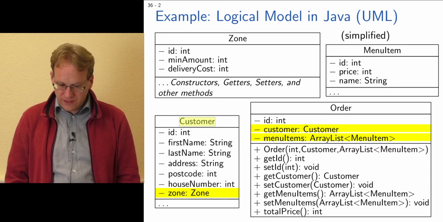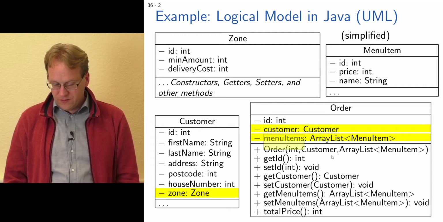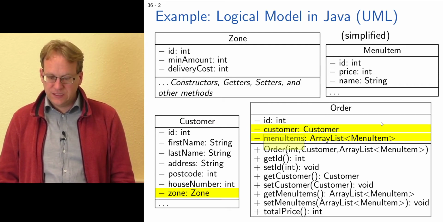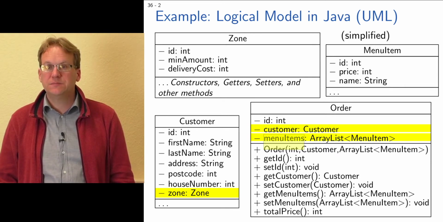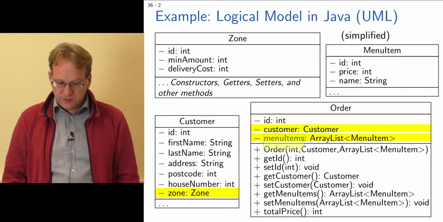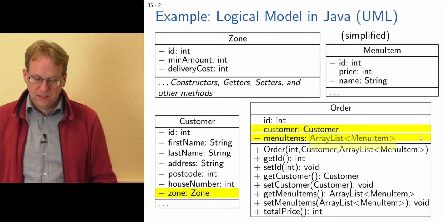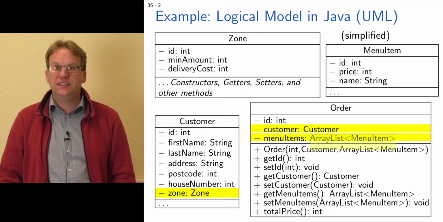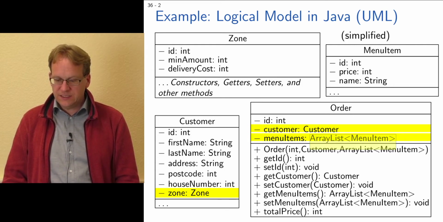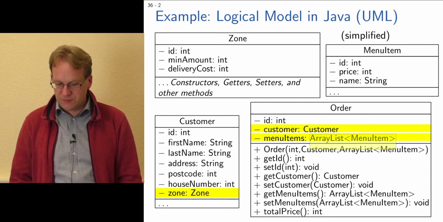And then we have the association between order and menu item. So for every order, we store an attribute of name menu items and of type array list. Well, actually, this is not just any array list, but an array list to keep objects of type menu item.